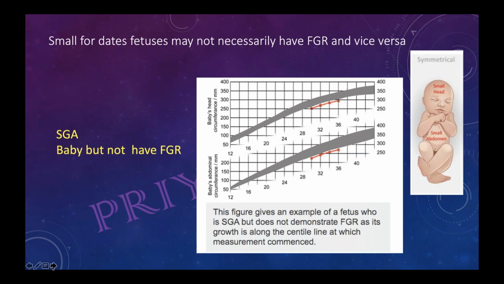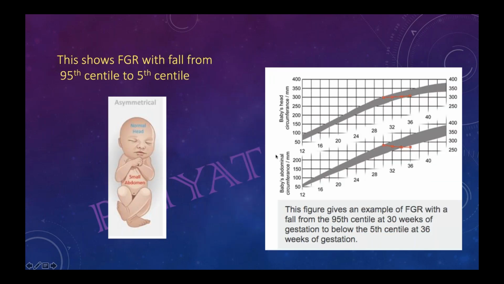Now another set of babies: if you go through their growth chart, you will find their growth has decreased, it falls from the 95th centile to the fifth centile, or from previously better growth to less growth now. These babies have fetal growth retardation, and these are the babies we are worried about.